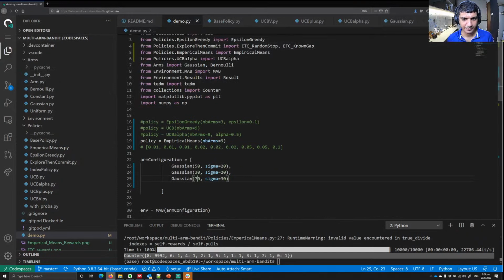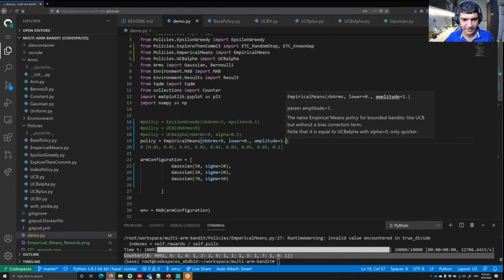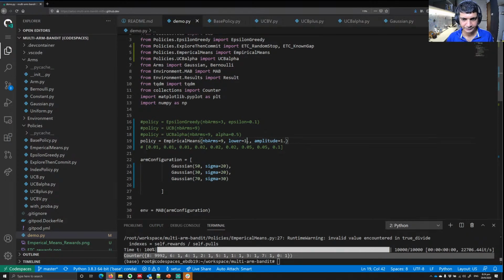So for empirical means, let me give it a lower value of 1, let's not do 0, and an amplitude of 100. I think that should be sufficient, or 150. It should be sufficient to scale between those values.